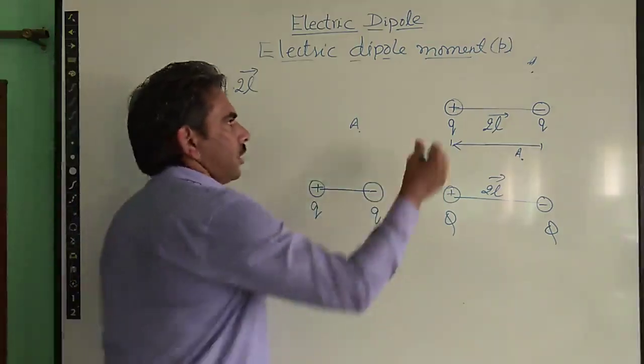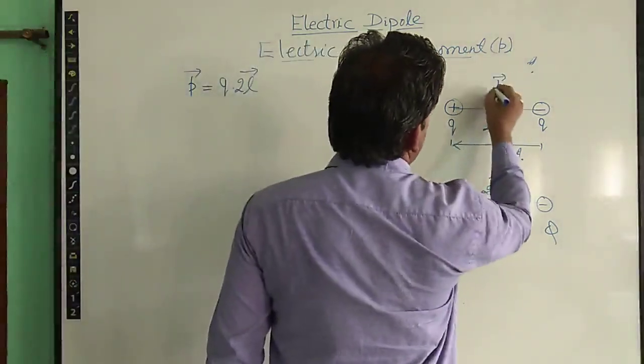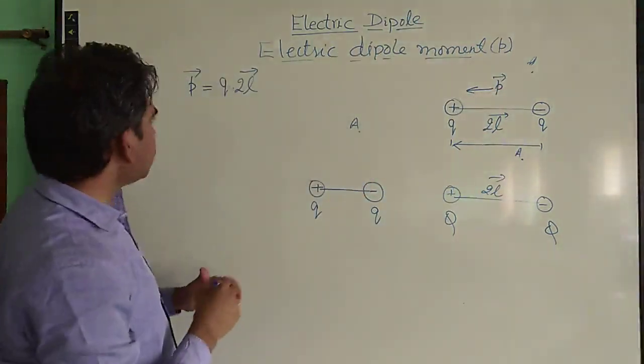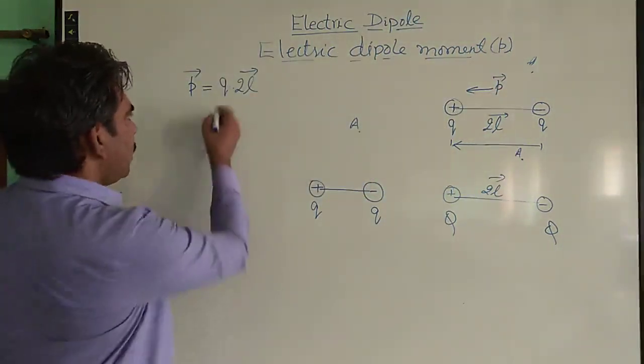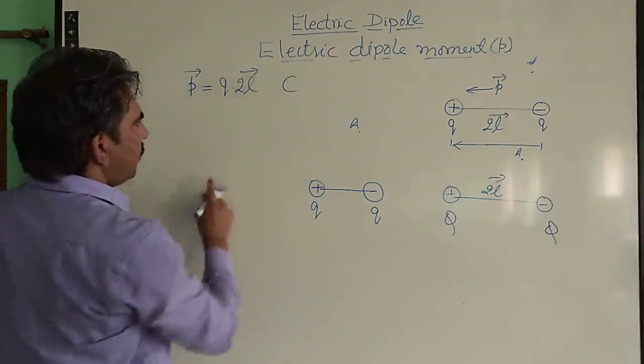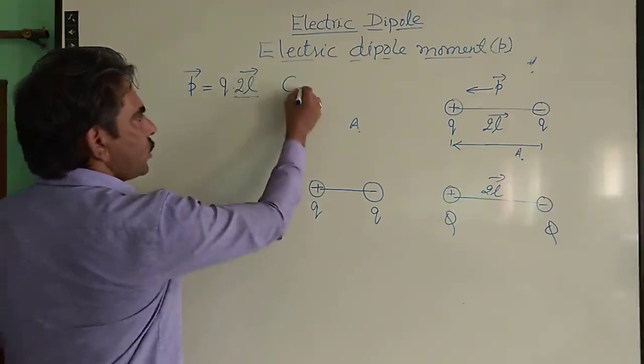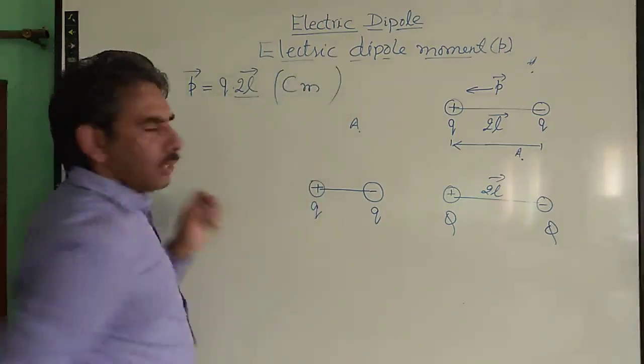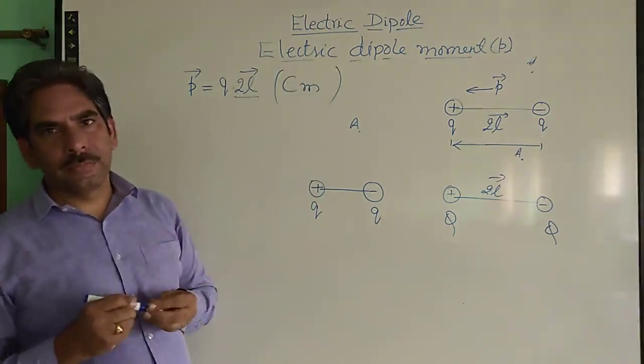So the dipole moment is always directed from negative to positive charge. Keep this in mind. About units, charge has units of coulomb and length has units of meter, so electric dipole moment has the unit coulomb meter.